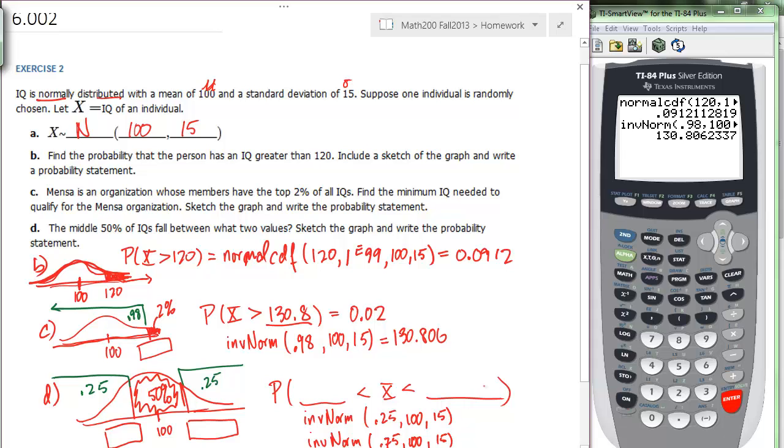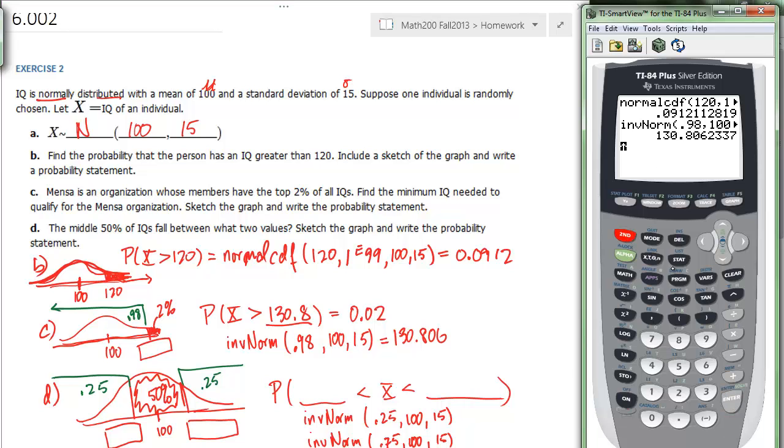And so we want these two values from our calculator. There is a trick on the calculator. We want to call our last entry.